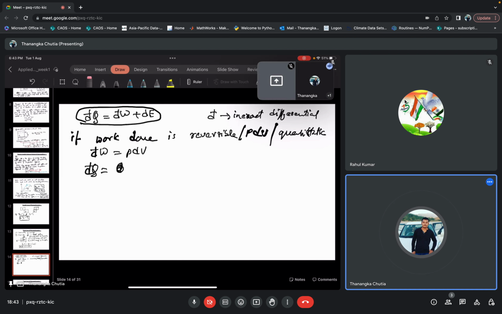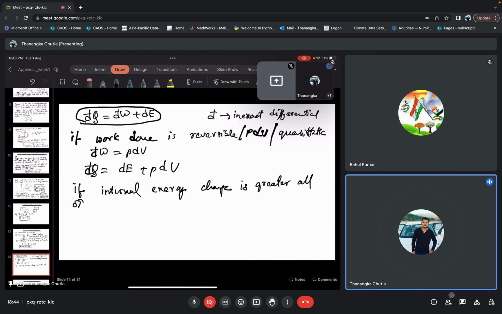dq is equal to de plus pdV. Now if the internal energy change is greater than all other energies, then I can write dq is equal to du, where u is internal energy, plus pdV.